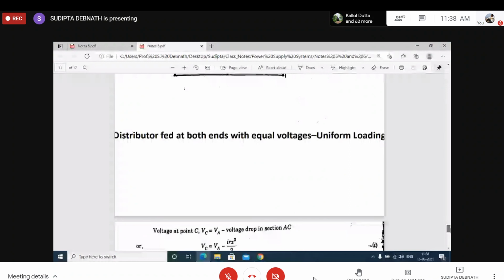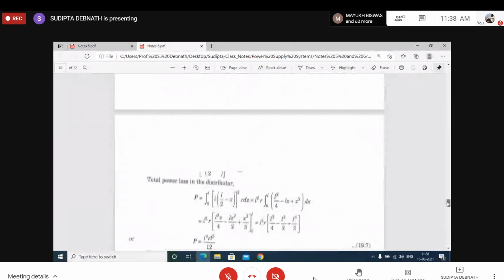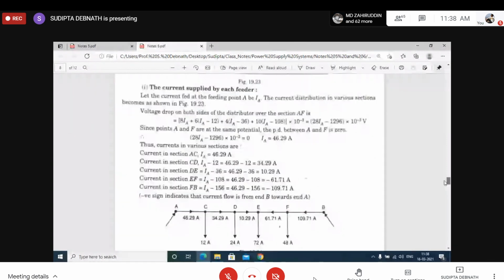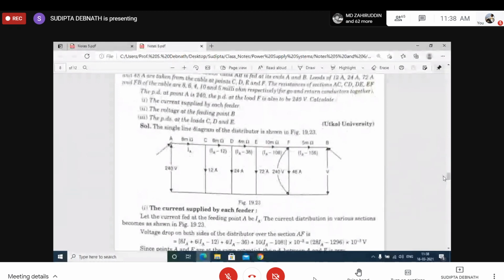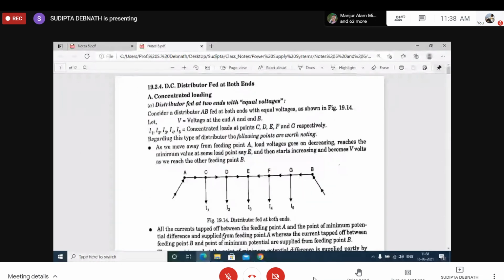Today I have discussed only the concentrated loading for distributors fed at both ends with equal or unequal voltages. Equal or unequal, the approach is exactly the same, it doesn't matter. So next day we will consider the distributed or uniform loading. Today we have covered concentrated loading. Now have you understood properly? Then I will end the class here.